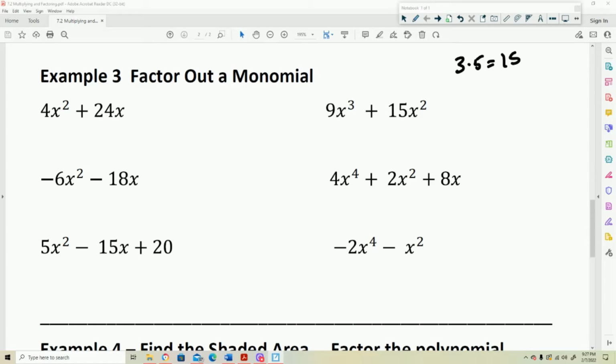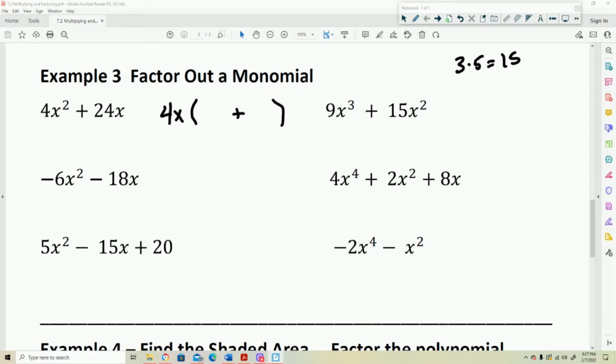So we're going to basically take this binomial and divide it into 2. We're going to pull a monomial out of that. So the GCF of this binomial: 4 goes into both of the numbers, and they each have at least 1 x. So I pull the GCF out of that. Now, in the parentheses, I put what's left in there.